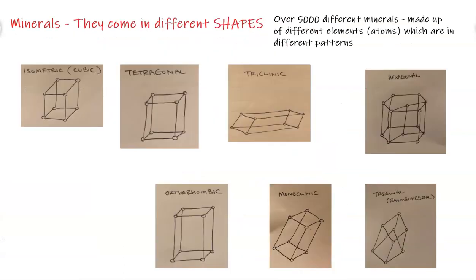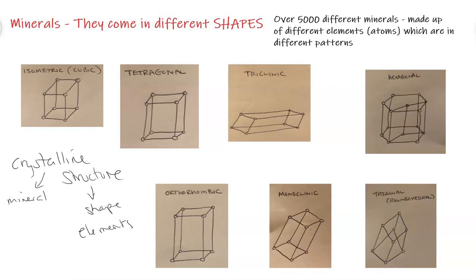All right, now, so we've discussed the chemical makeup of these elements in detail. Now looking at the structure, the crystalline structure. As I mentioned before, crystalline, you think mineral. Structure, you think shape. And this is controlled by what elements each mineral is composed of, and how they bond.